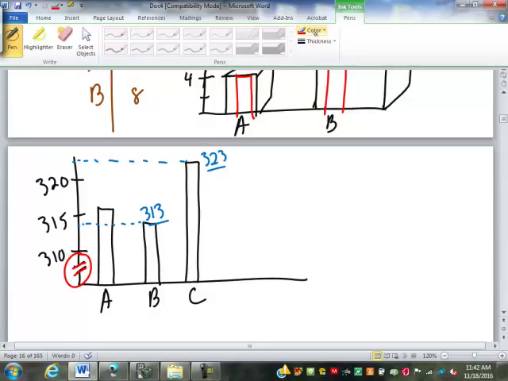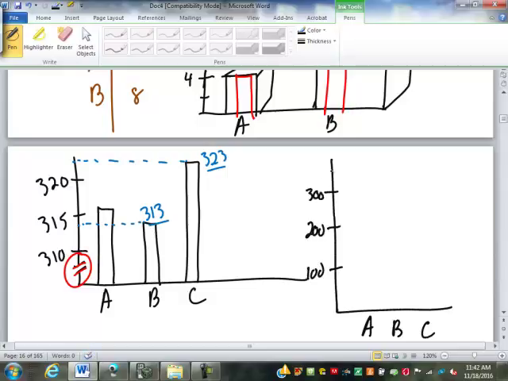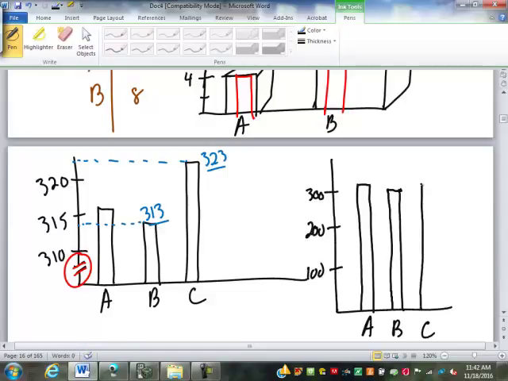It makes C look like it's twice as large, as we said. In reality, if we didn't have that break in the scale, this graph would look something like that.